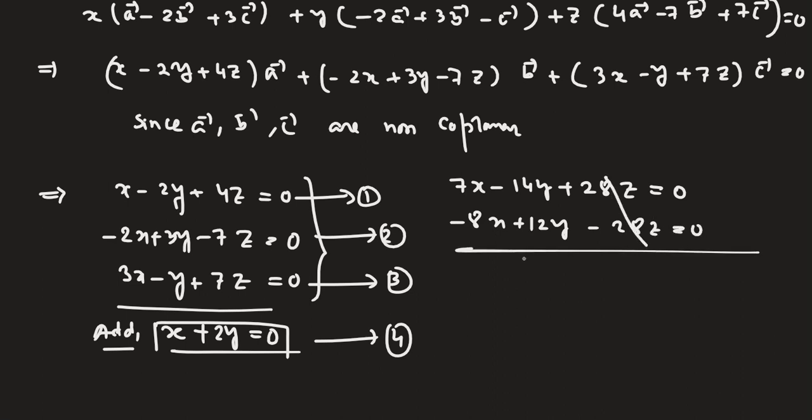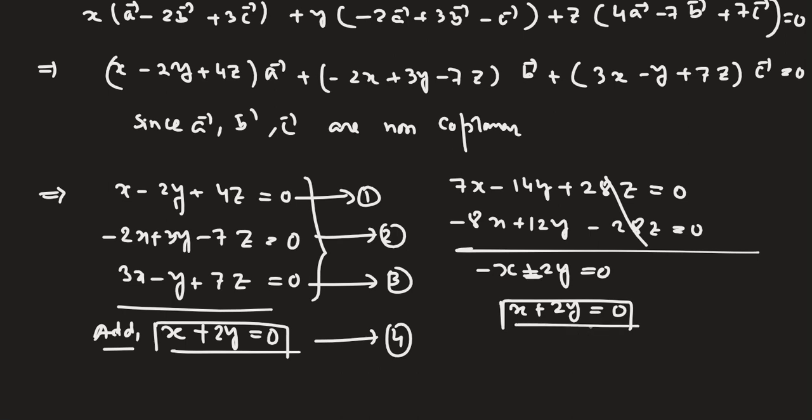Add them, these two cancel out. 7x minus 8x is minus x, and 14y plus 12y, so you have 2y which is equal to 0. Okay, now not minus 2y, we get the same equation, x plus 2y is equal to 0. Okay, now we have the same.